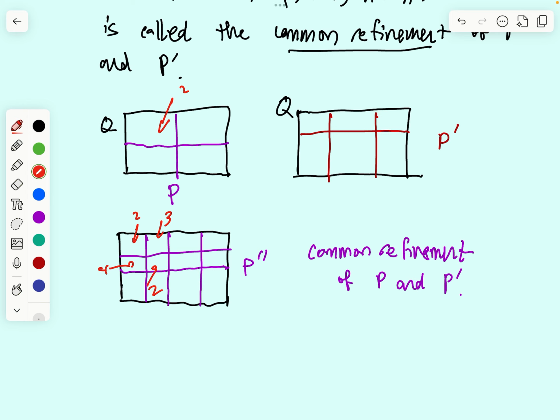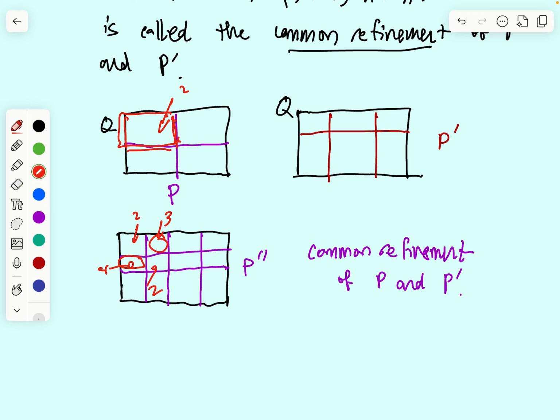When you take the lower sum associated with this common refinement, since the smallest values in these rectangles are bigger than the smallest value in the entire subrectangle, the lower sum will be bigger.